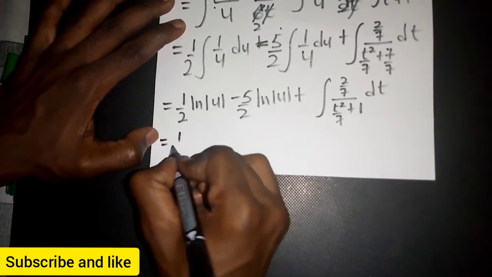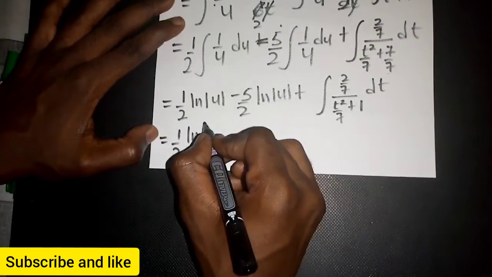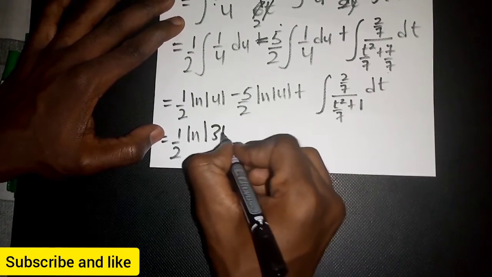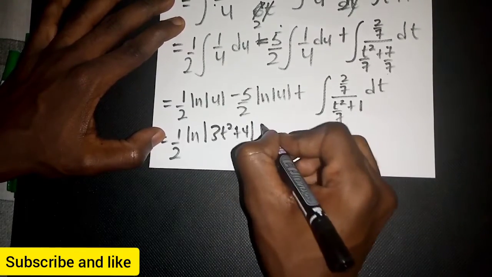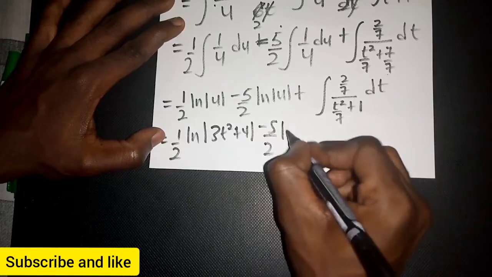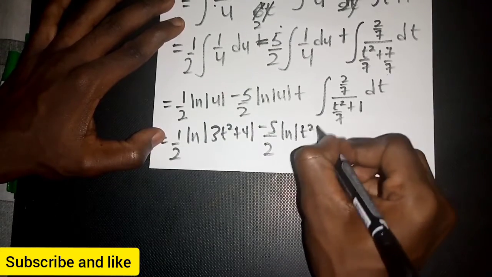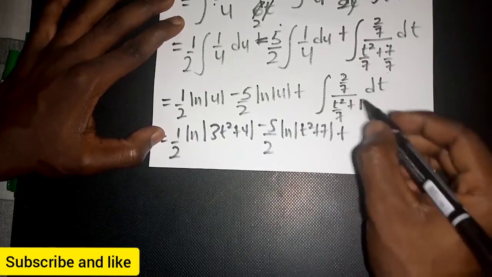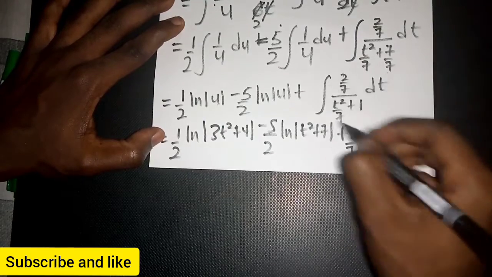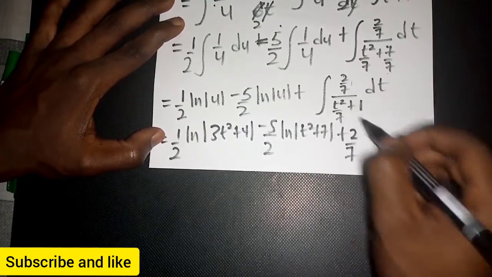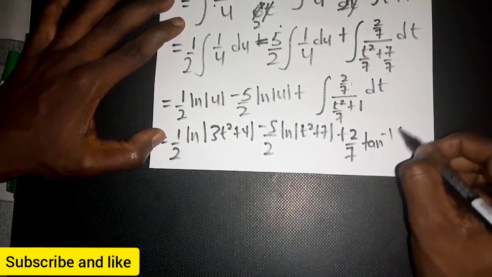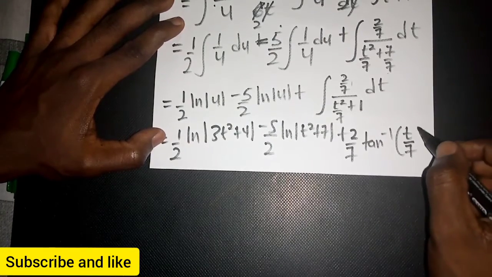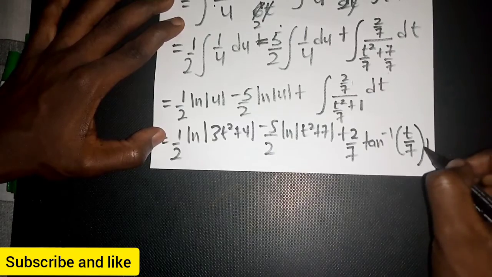So we have this as 1 over 2, then the ln of u, which here is 3t squared plus 4, then minus 5 over 2, then the ln of u, which here is t squared plus 7, then with this we just have 2 over 7 outside, then the whole of this will now look like the tan inverse of t over the square root of 7, then plus c.